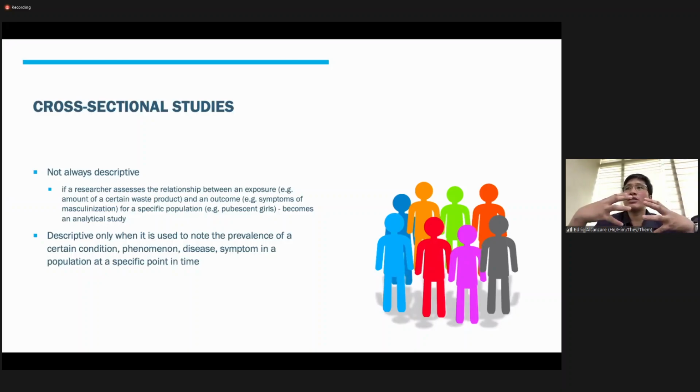Okay, so the prevalence of a certain condition or phenomenon or disease or symptom in a specific population at a specific point in time. Okay, so the number of heart attacks in males ages 35 to 39 during January to March 2024. So your first quarter of 2024. Okay.